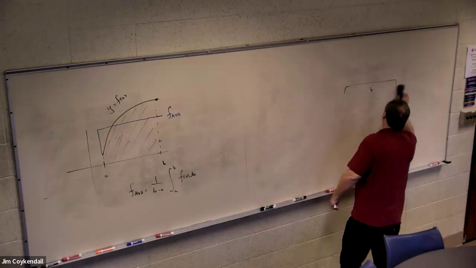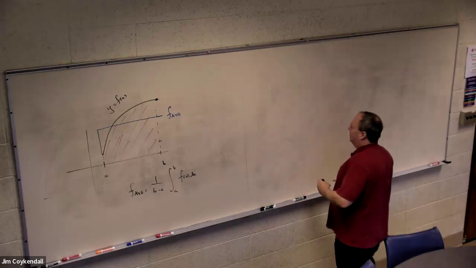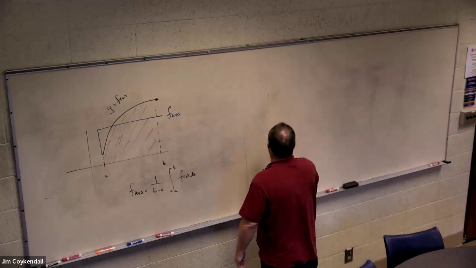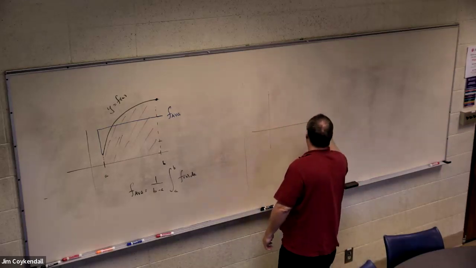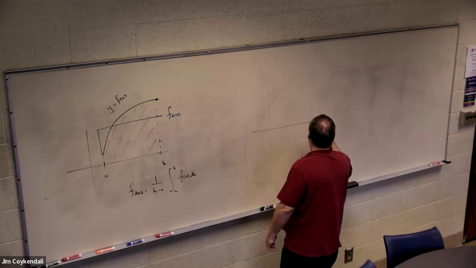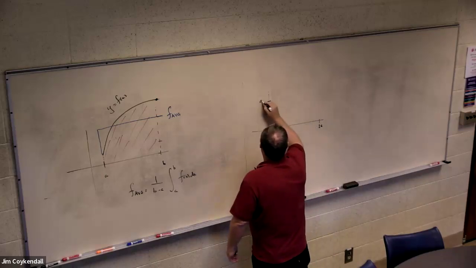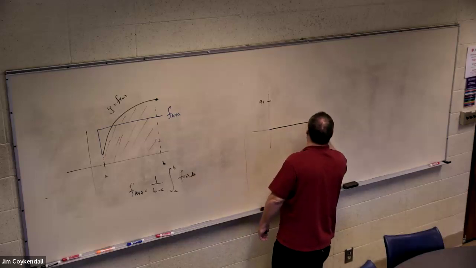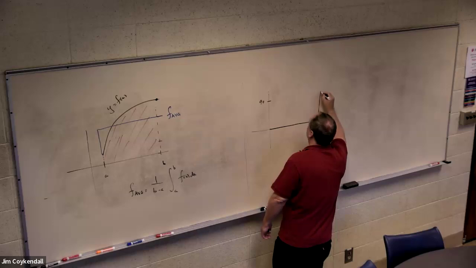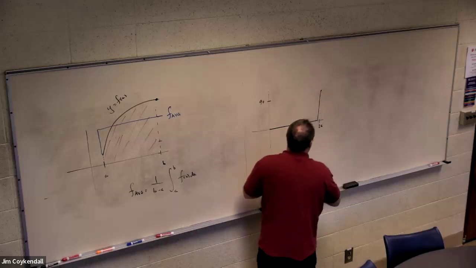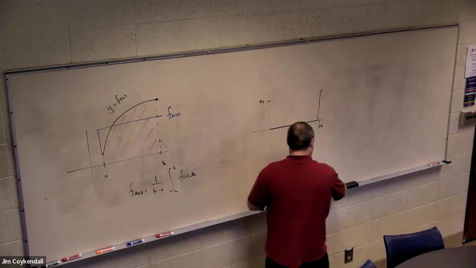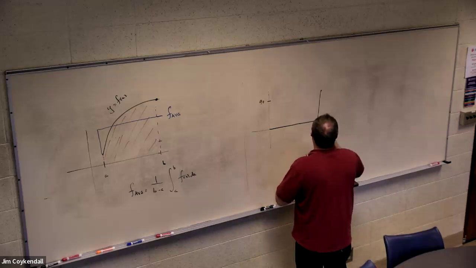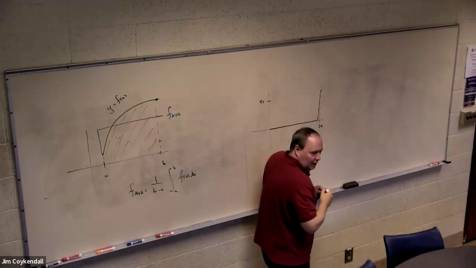So for example, if you remember our example where it was really, really cold right until the very end, the area under this curve is exceedingly small.